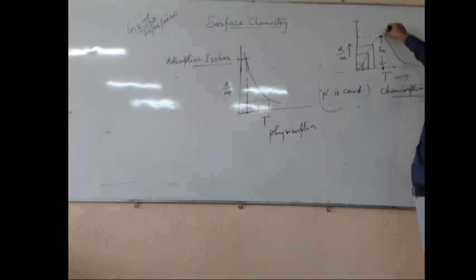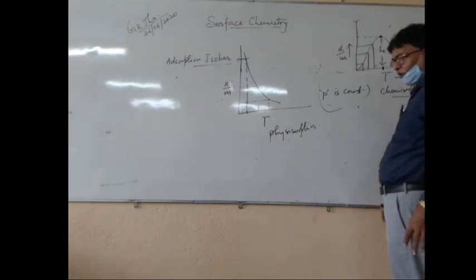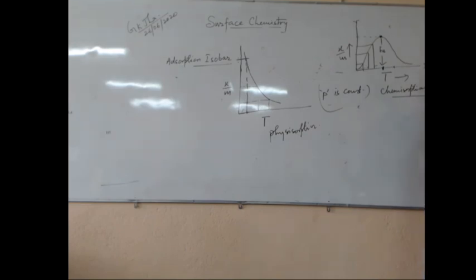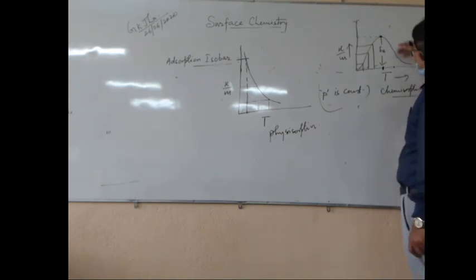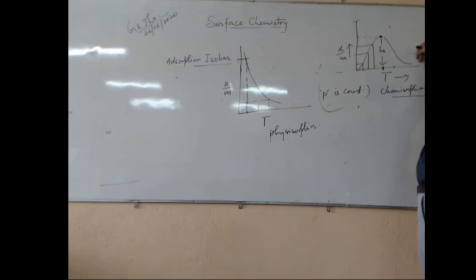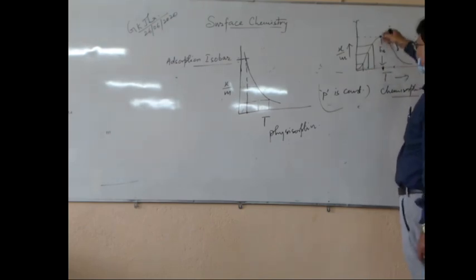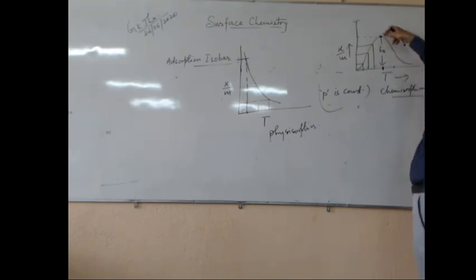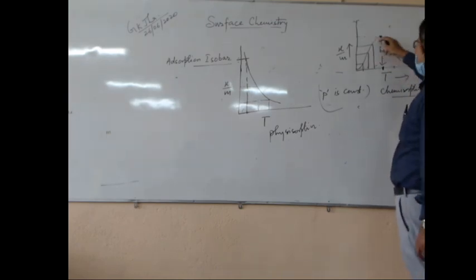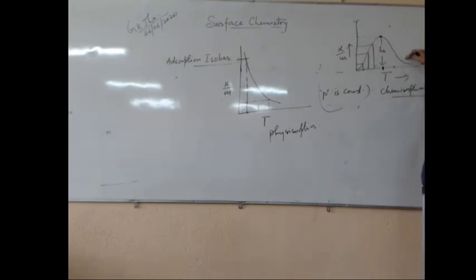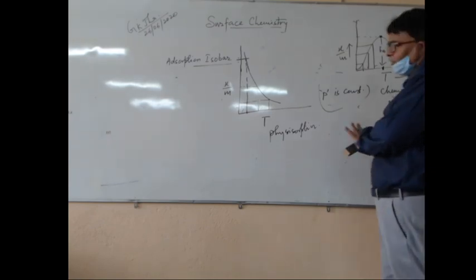After reaching the maximum extent of adsorption at a particular temperature, if temperature becomes more, then extent of adsorption keeps decreasing. So initially with increase in temperature, extent of adsorption increases, reaches its maximum, and beyond that temperature, extent of adsorption decreases. This is what happens in chemical adsorption, and that's all for today.